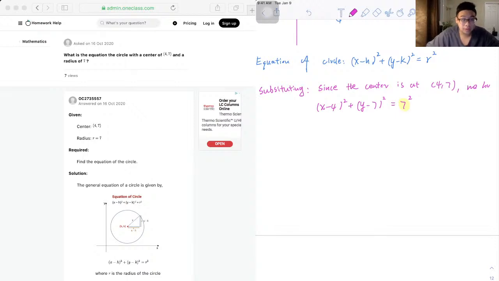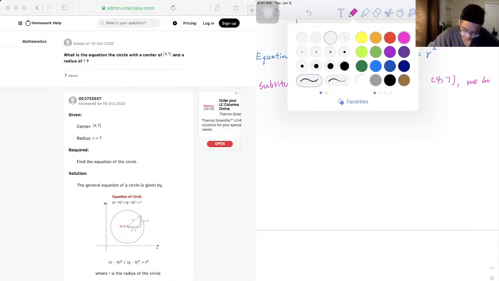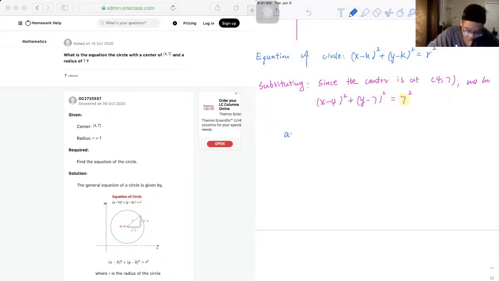And we're using the formula for the square of a binomial, which is given by this formula. So a minus b squared is just equal to a squared plus b squared minus 2ab. Right.